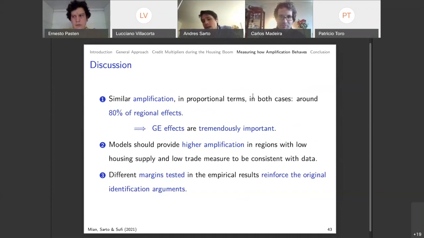The second one is that this adds to the regional identification arguments in these papers, because under those, not only do you get the effects that they estimate, you also get G multipliers that line up with the theory in absolute terms, and they also behave in the way that you would predict if those mechanisms are the ones driving that amplification in the data.